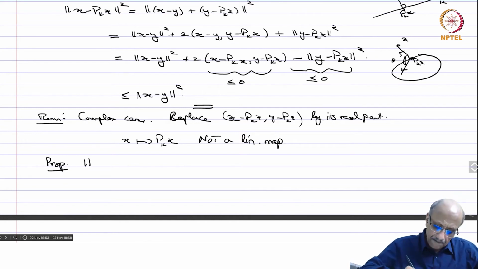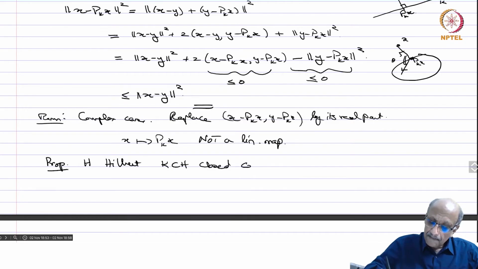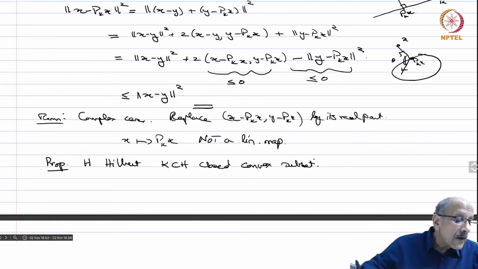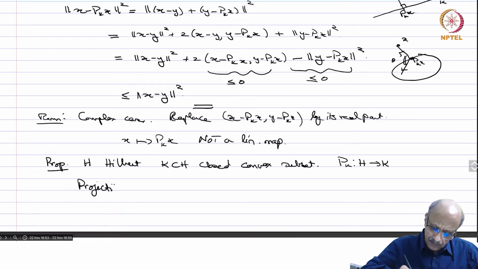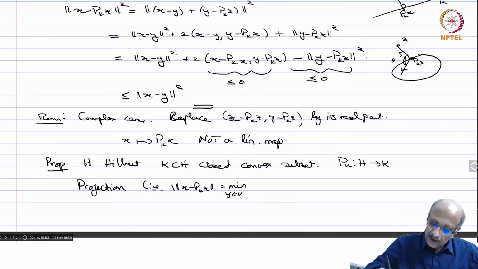Let H be Hilbert, K contained in H closed convex, okay, and P_K from H to K is the projection, that is, norm of x minus P_K x equals the minimum over y in K of norm of x minus y.